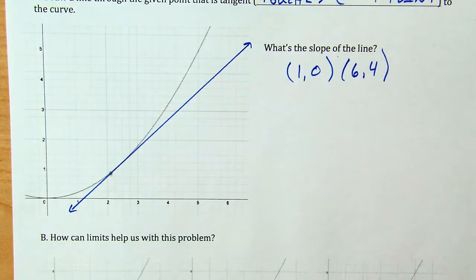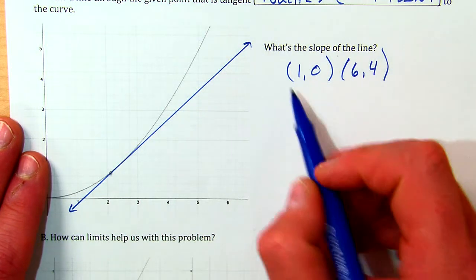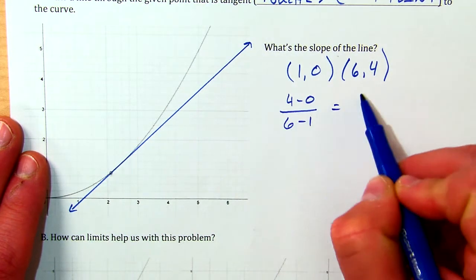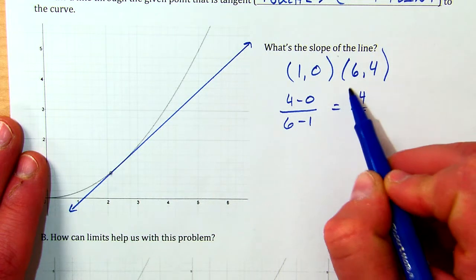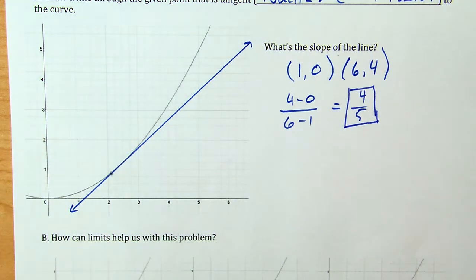So if I wanted to estimate the slope of this line, I'm going to go 4 minus 0 over 6 minus 1, and we get 4/5 for a slope. If you have a different slope, no big deal. That's actually part of the problem: mathematicians try to figure out what is the actual slope. If you eyeball, you're going to get one answer, I'm going to get a different answer, and who knows who's right.